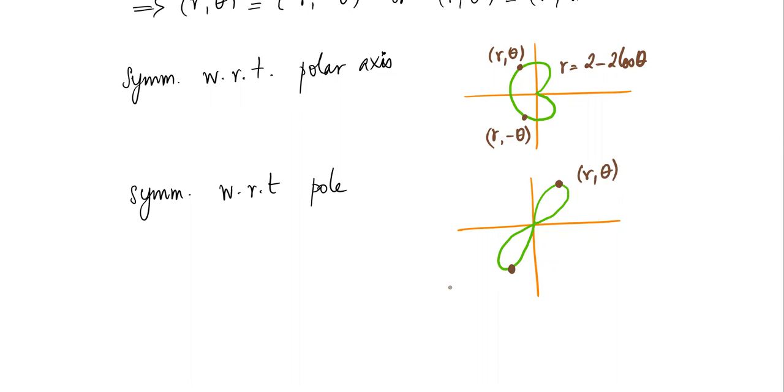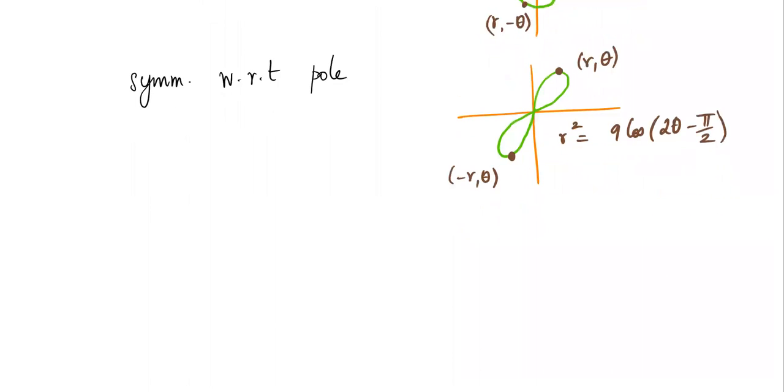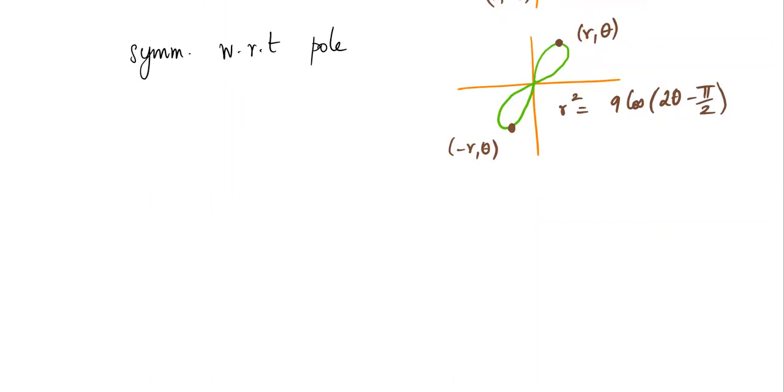So that's going to be (negative r, theta). And they gave us the equation for this one to be 9 cosine 3 theta minus 2. I mean, you want that beautiful 8-looking graph. The equation will get a little complex.